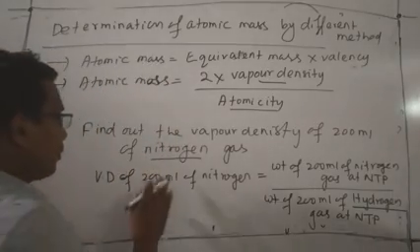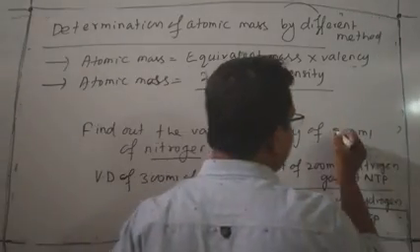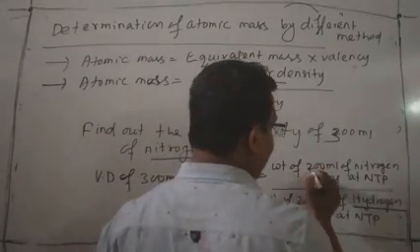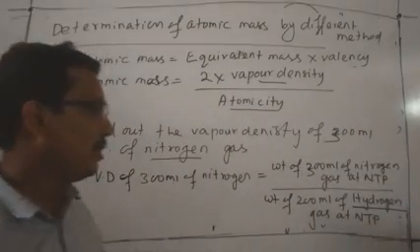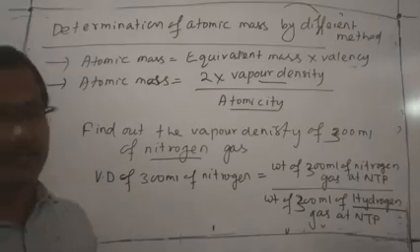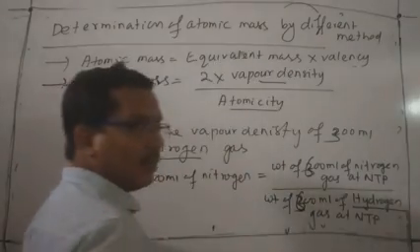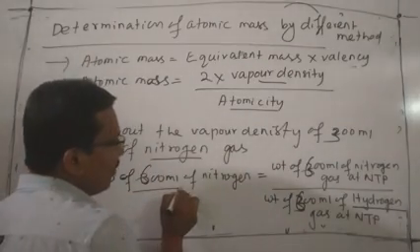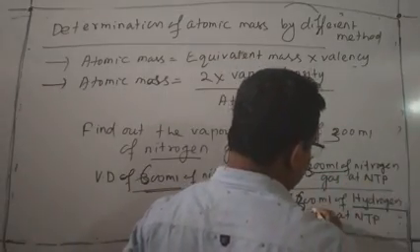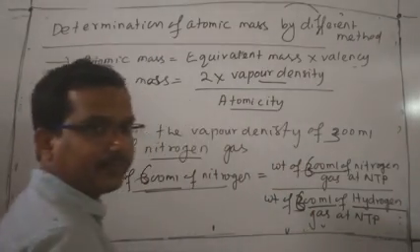Suppose a question asks the vapor density of 300 ml, then the formula is the weight of 300 ml of nitrogen gas at NTP divided by the weight of 300 ml of hydrogen gas at NTP. Suppose 600, then change it to 600. Whatever volume is given for the nitrogen, the same volume of hydrogen is also weighed.